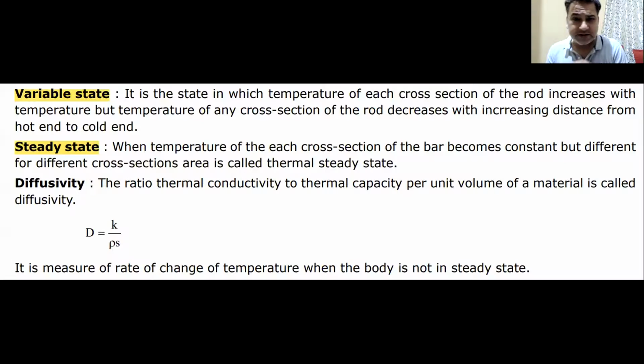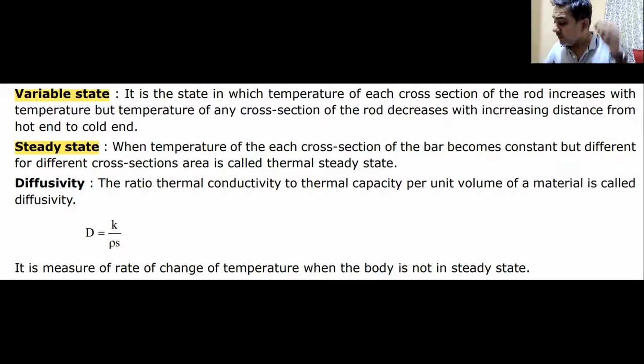Do we understand this? Before that, the temperatures of the different sections were keeping on changing, and that state is known as the variable state. This was my explanation of the variable state and steady state, and this is what you will find written in the notes.